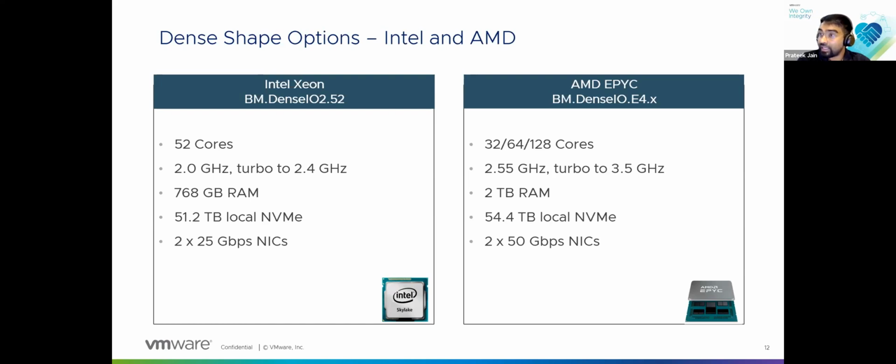So they are quite dense, and that's the naming convention, dense IO. In a minimum 3-node cluster, which is required for vSAN, you have the capability and capacity to run VDI workloads, memory-intensive workloads, or workloads which require higher storage in these compute shapes.